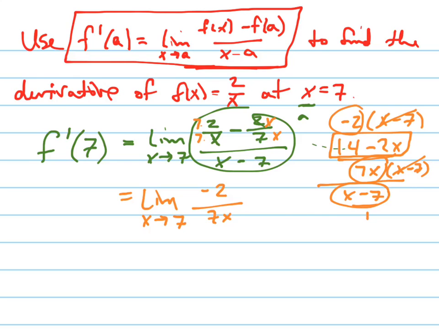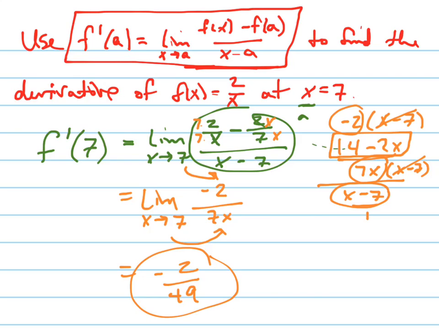I know I kind of did a lot of that work in my head and quickly scribbled it out up there. Now right here I couldn't plug in 7 because I would get dividing by 0 and I can't do that. But here I can plug in 7 and I get negative 2 over 49.